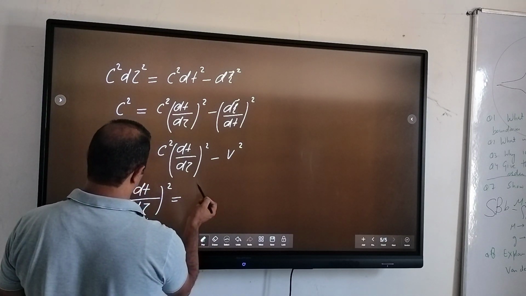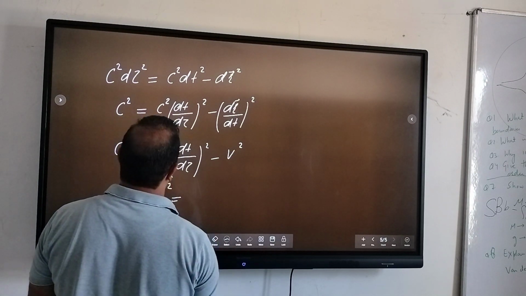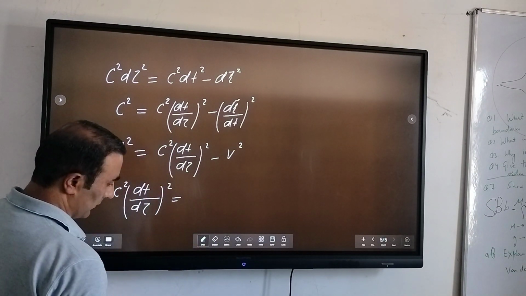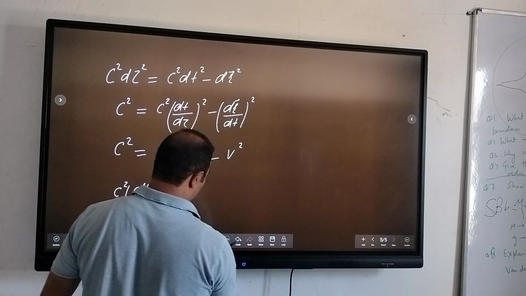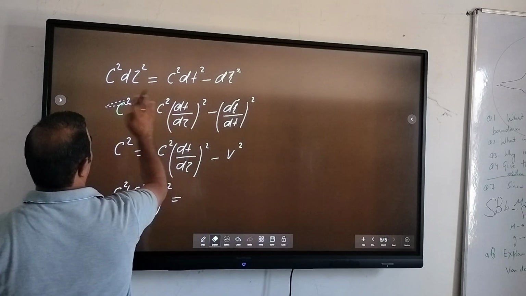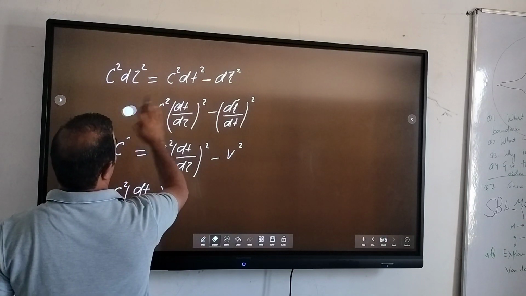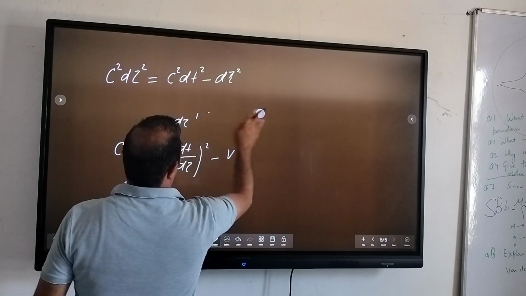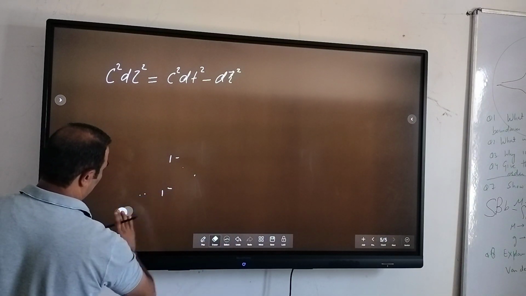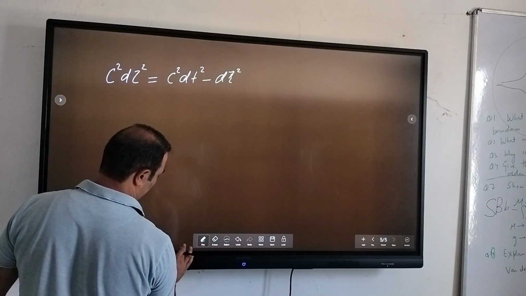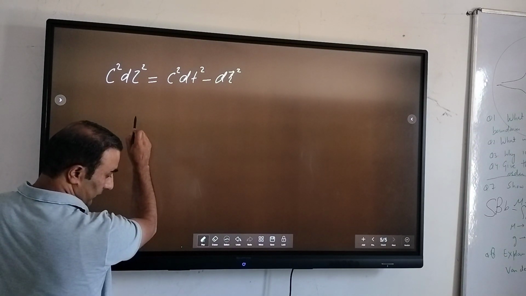Or you can write this as, so let me write here. I made a mistake here, so let me write from here. Instead of that, I can rewrite this as, so this is c square dt square, right?